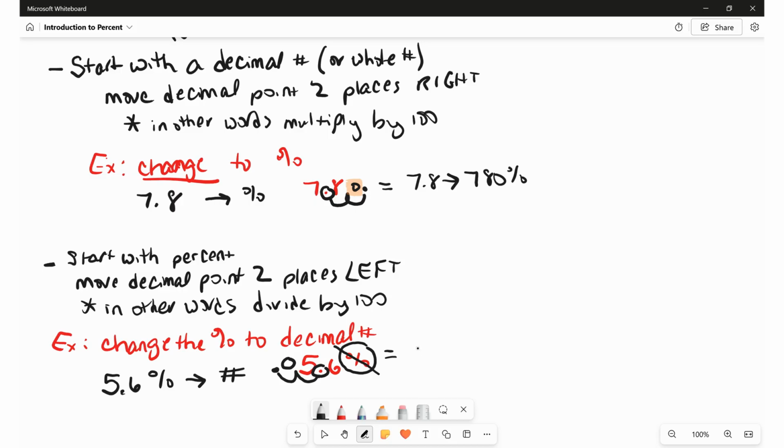So that means that 5.6% is equal to 0.056.